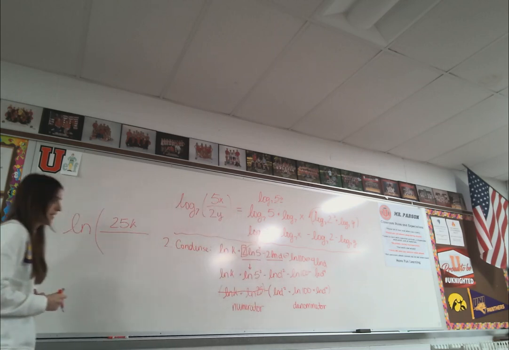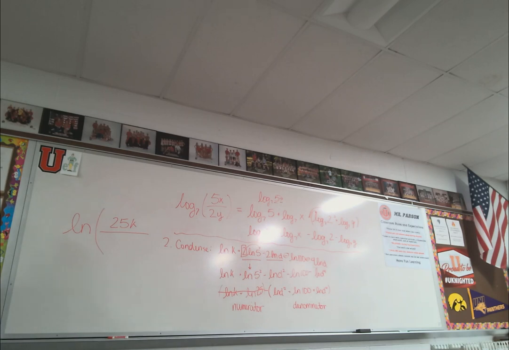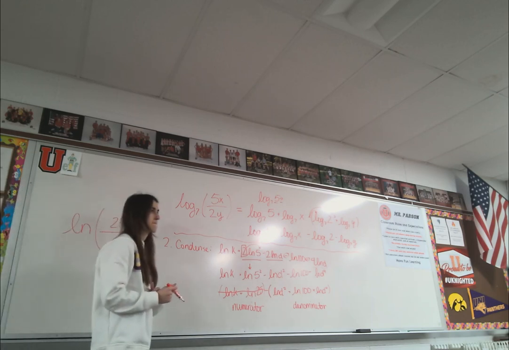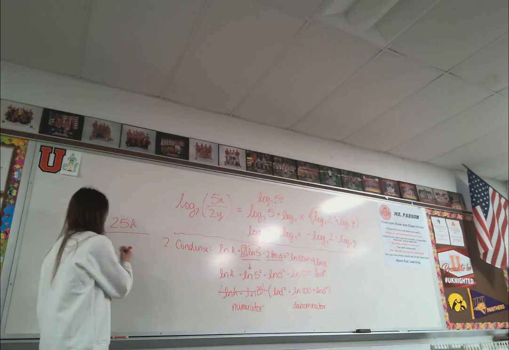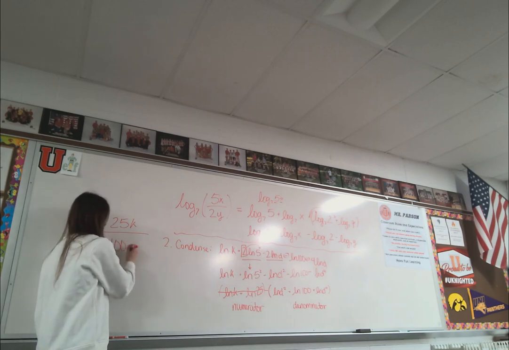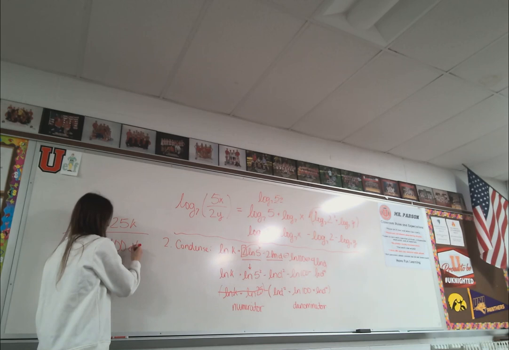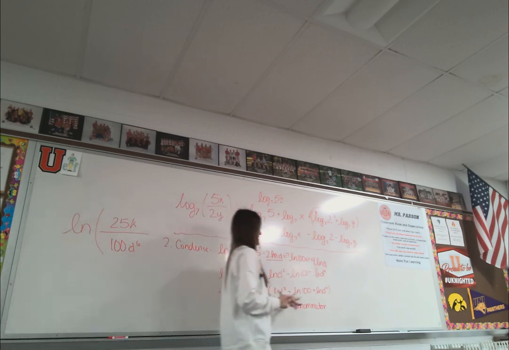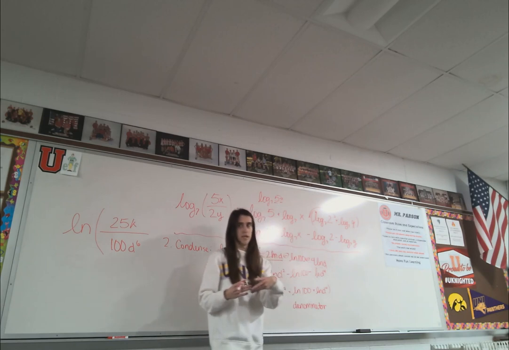Now let's simplify that denominator. 100d to the 6th. How'd you get that? Took the 100 and added the d's. Yeah, because these are all plus signs, so we're going to use the product property again.